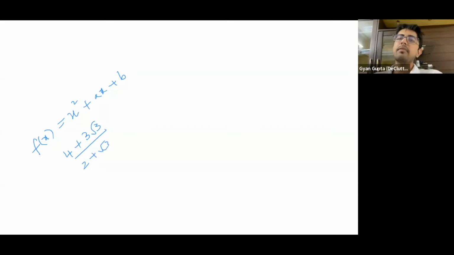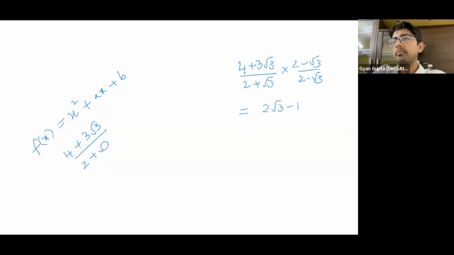So the first thing that I will do is rationalize the denominator. For me to rationalize the denominator, I just need to multiply this with its conjugate, which will translate to 2 root 3 minus 1 by 2 square minus root 3 square, which is 2 root 3 minus 1. Great. So this is the first step.